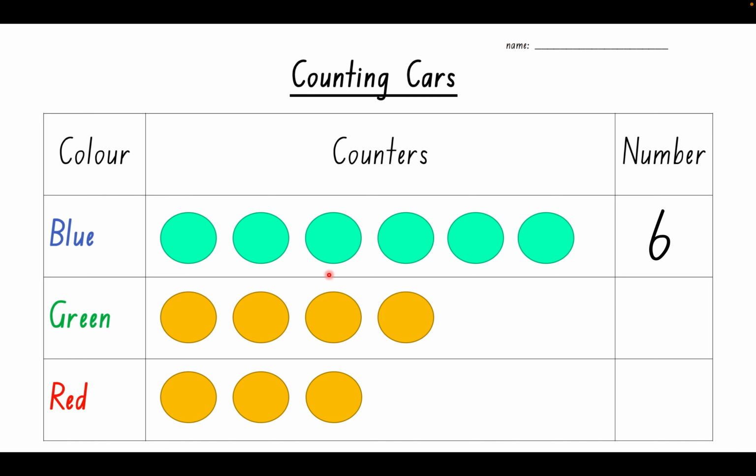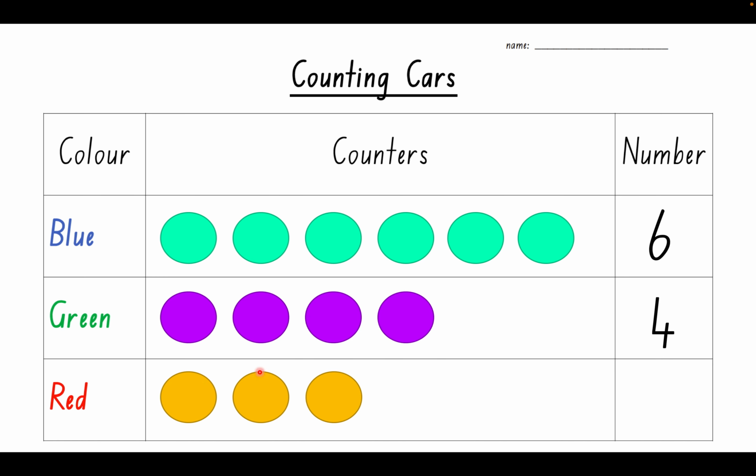How many counters have we got in the green row? Let's count them. 1, 2, 3, 4. That means that in this box at the end of the green row, we need to put the number 4. There it is.